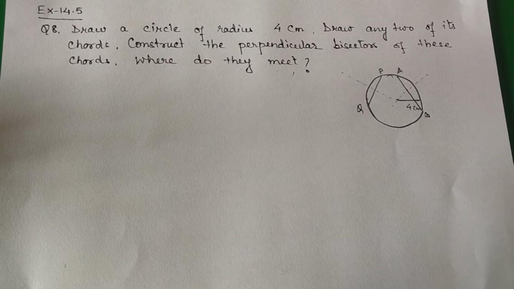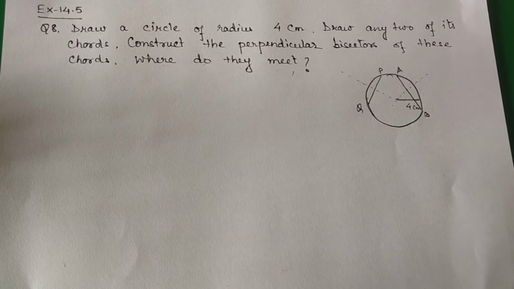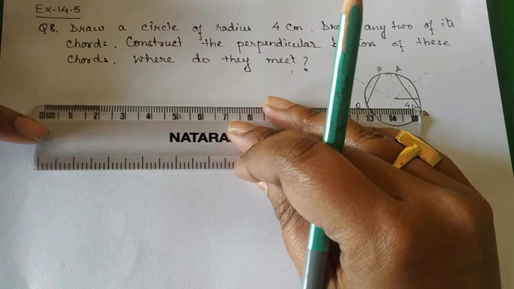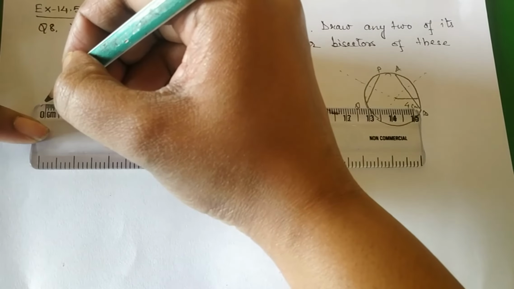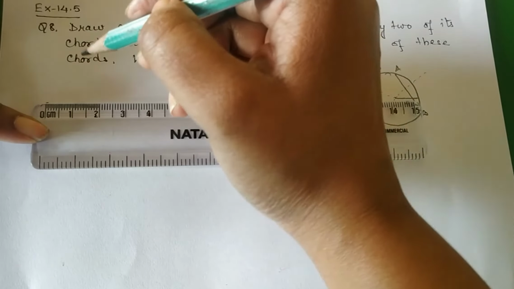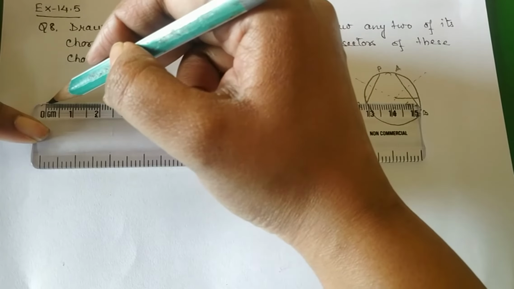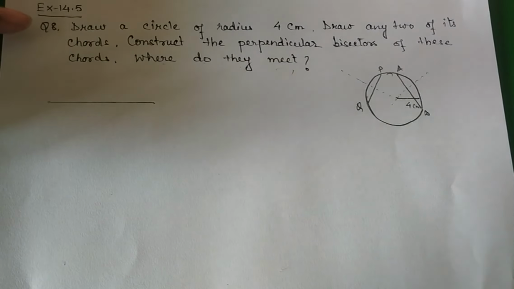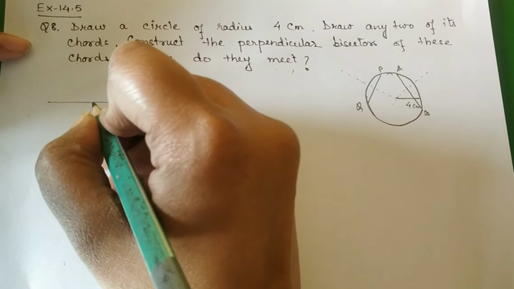So at first we will draw a circle of radius 4 cm. So we will draw the radius at first. So here we'll start from 0. 4 cm means till here. Now we will draw a line segment and join these 2 points to draw a radius of 4 cm.